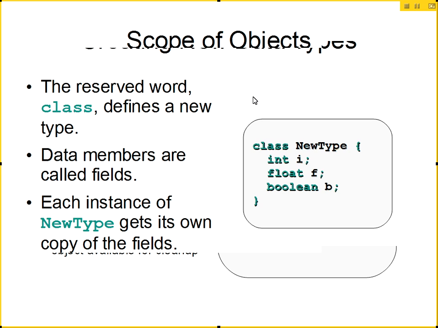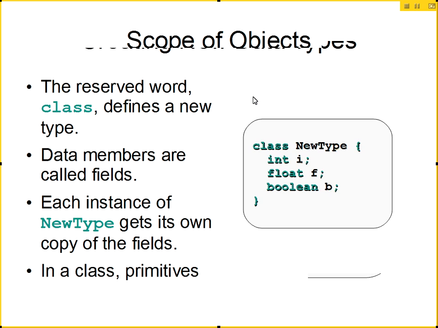Data member and field are interchangeable terms for those. Thing to remember, every time you instantiate a new object of a given type, each object gets its own copy of the fields.